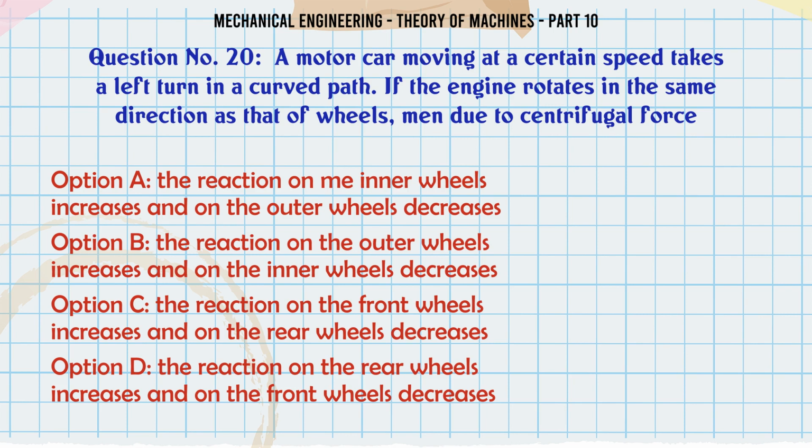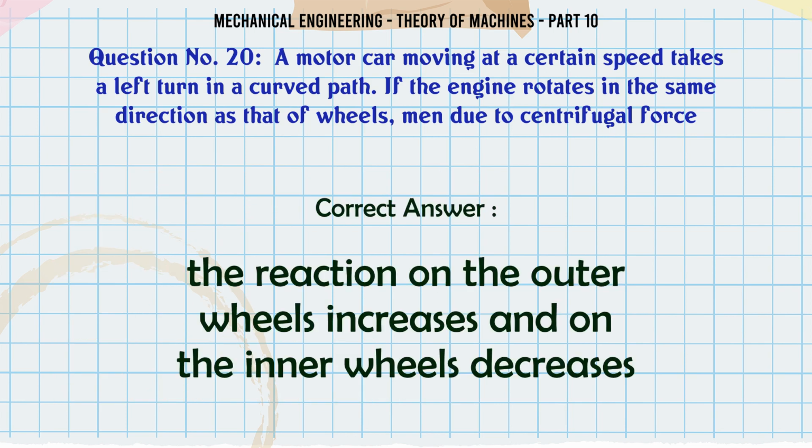C. The reaction on the front wheels increases and on the rear wheels decreases. D. The reaction on the rear wheels increases and on the front wheels decreases. The correct answer is the reaction on the outer wheels increases and on the inner wheels decreases.